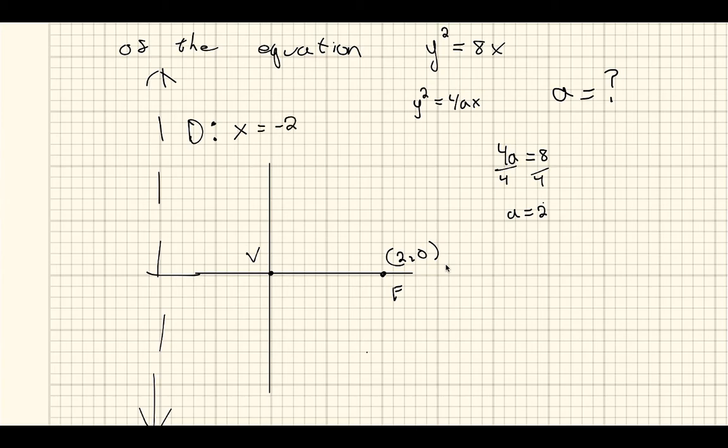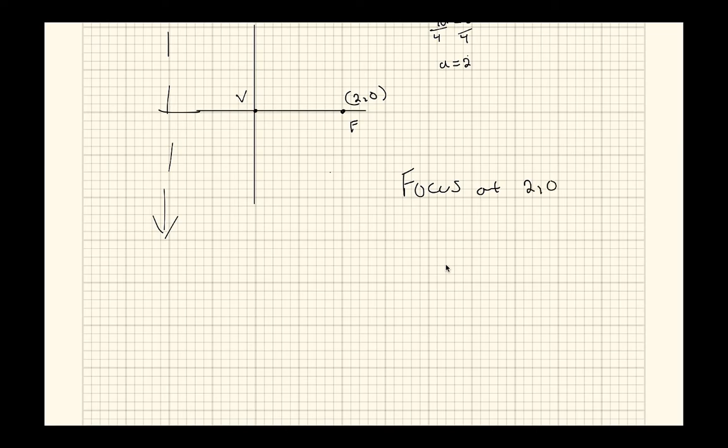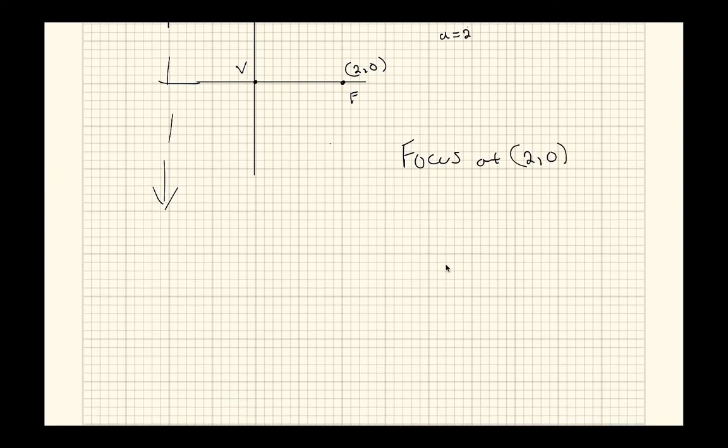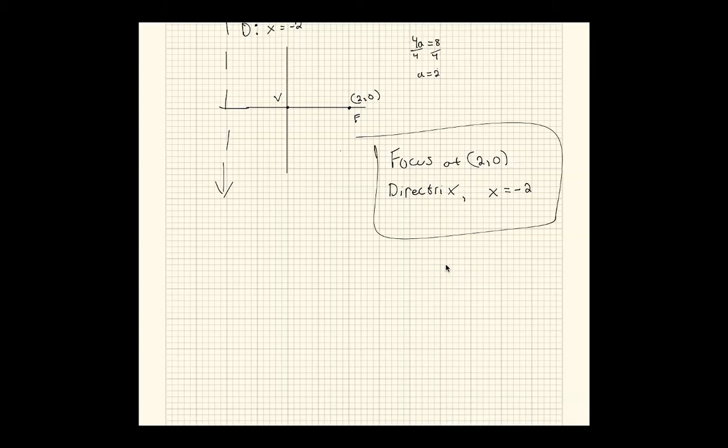So if we're trying to organize our answers, we should have the focus at 2, 0 and the directrix is x equals -2. Because remember, one is a point and one is a line. Focus is the point, directrix is that vertical line for this one.